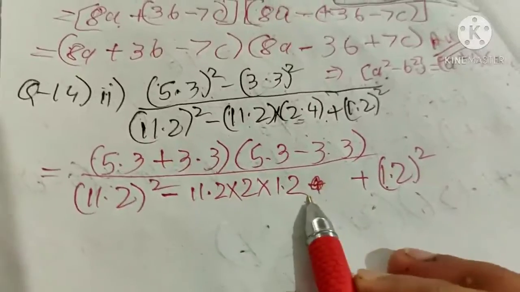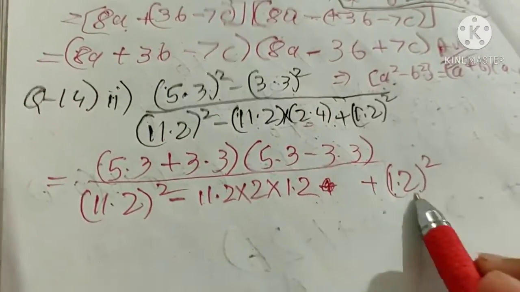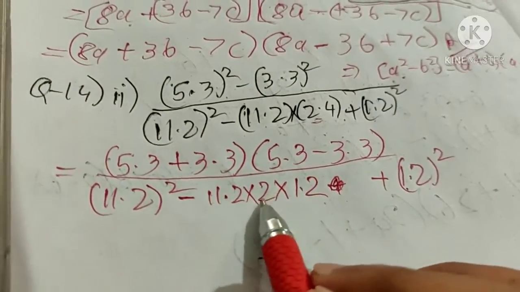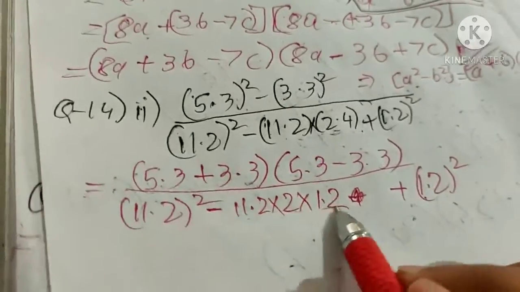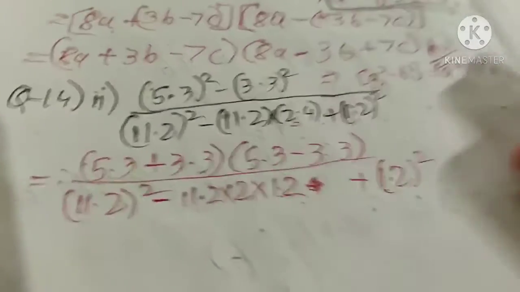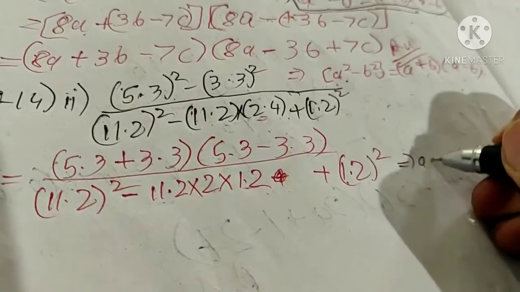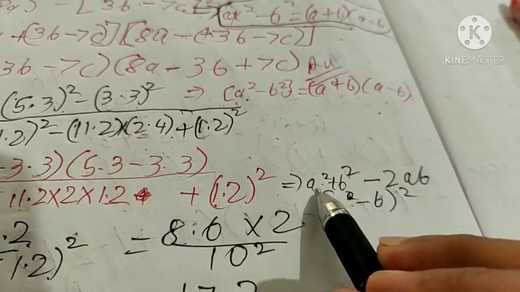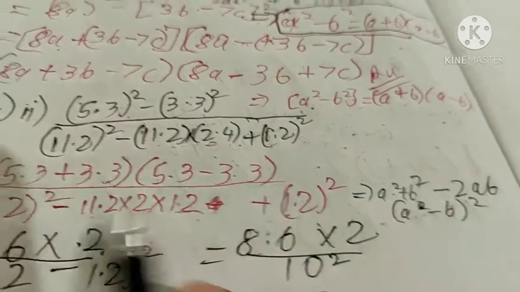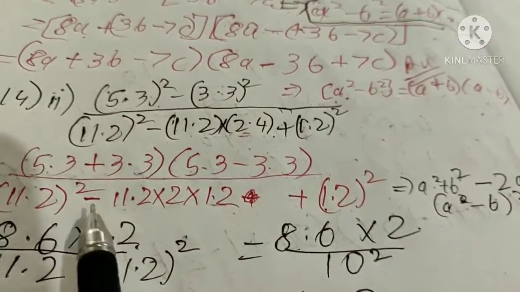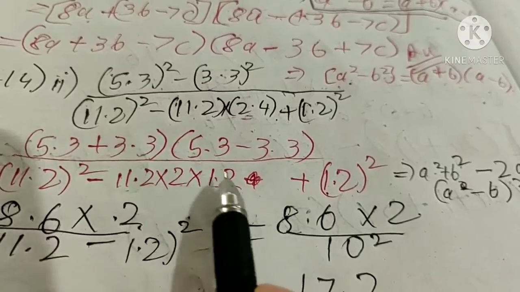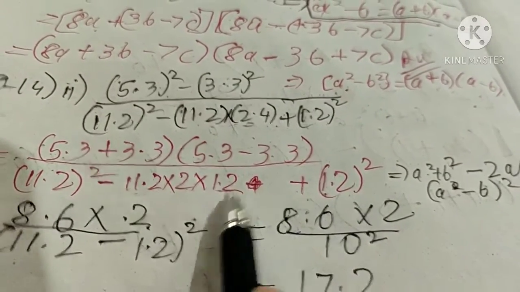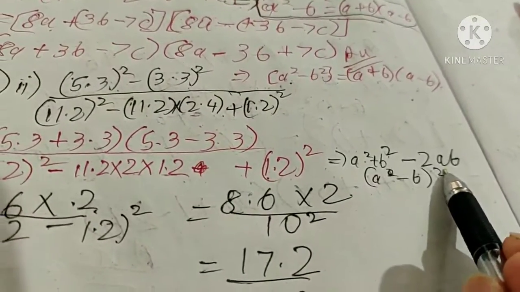So here it is again a square plus b square minus 2 into a into b. So here we can apply the identity, a square plus b square minus 2ab, that is a minus b to the power 2.